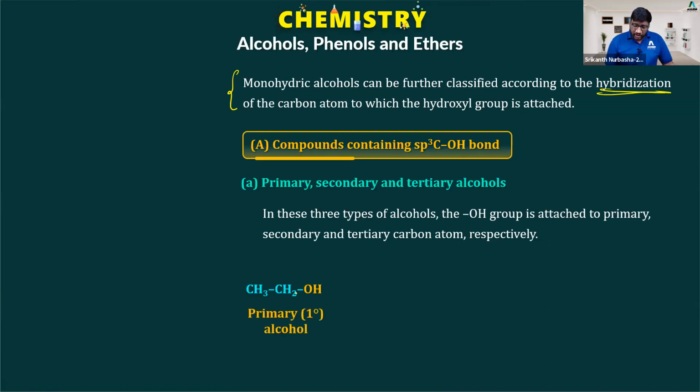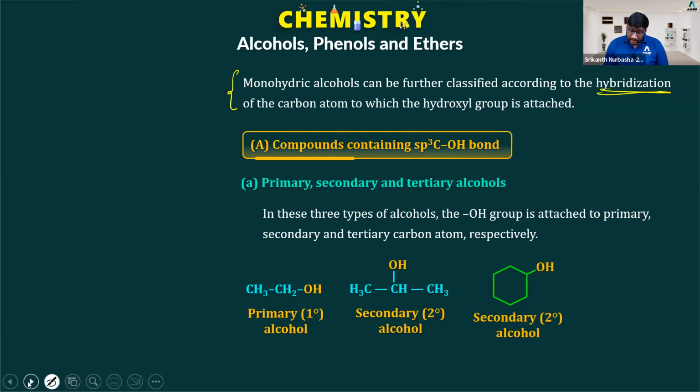Primary alcohol means OH is connected to a carbon which is connected to only one more alkyl group. Secondary means OH is connected to a carbon which is connected to two other alkyl groups. In the third case, OH is connected to a carbon which is connected to three other alkyl groups, so it is said to be tertiary alcohol.